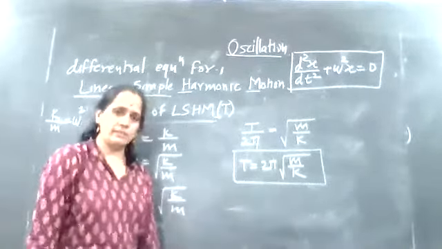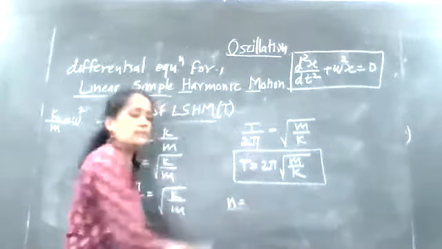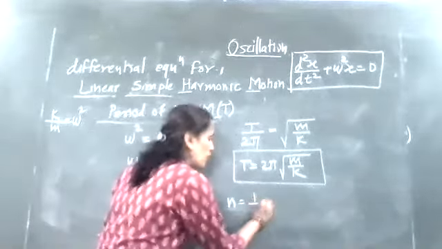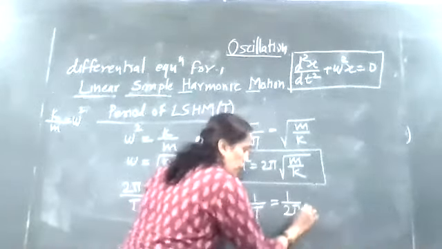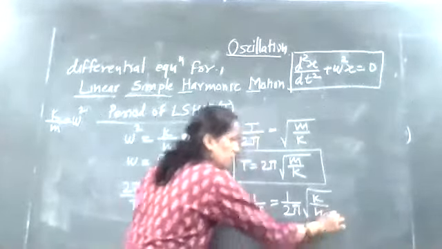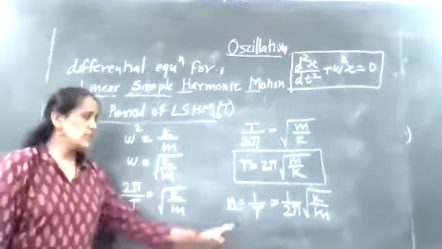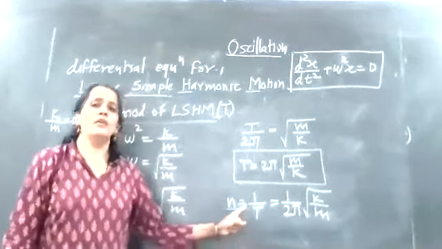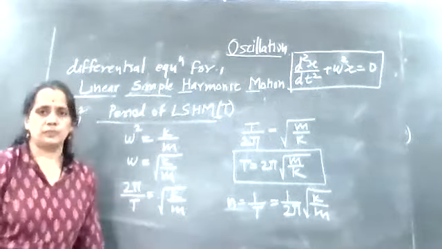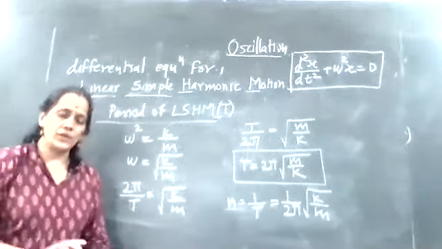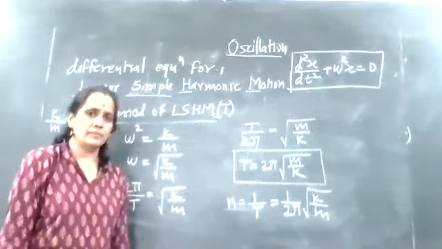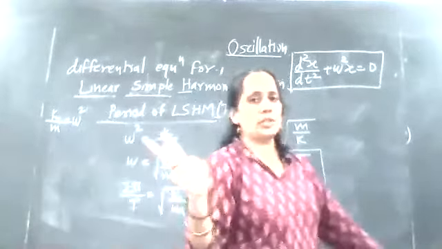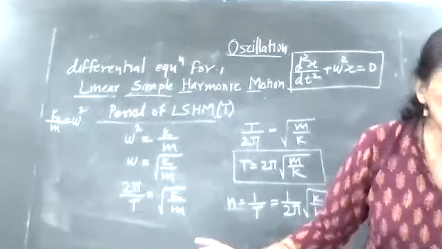If it is period, then I can write for frequency. Frequency is equal to reciprocal of period, that is 1 by T, which can be written as the reciprocal of this equation, 1 upon 2 pi under root of k by m. So this is nothing but your formula for frequency of SHM. Are you getting any doubt? Clear? So whatever portion I have covered till now, there are 2 questions.